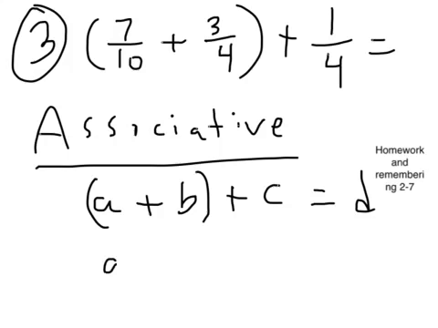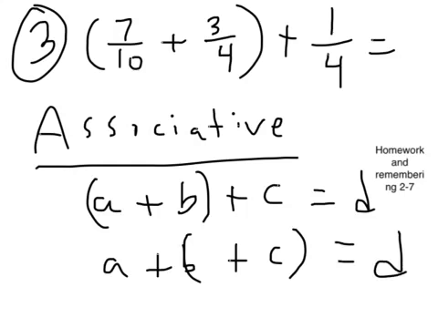If we add B and C first, then A, we're still going to get D. So what it's telling us is that we can group things within our addends and add things differently. We could add A and C, then B, and still get D, or we can add B and C first, then add A, and still get D. So it's not going to change our answer, our sum.